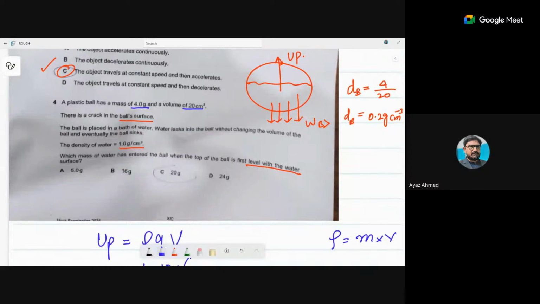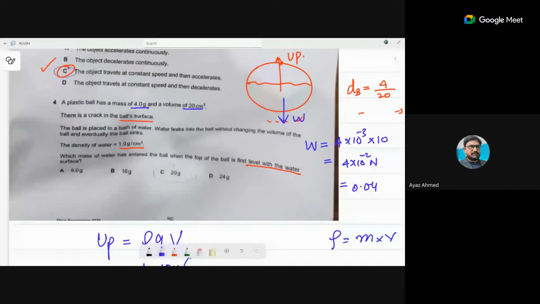If I calculate the weight, weight is equal to 4 times 10 to the power minus 3 times 9.8. So what will be the answer? 4 times 10 to the power minus 2 Newton, which is equal to 0.04 Newton. Yes, that is the weight of that ball.